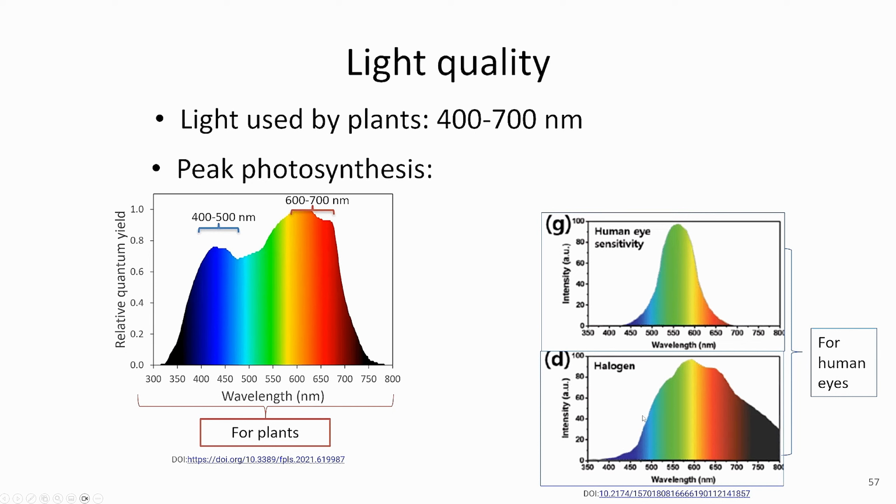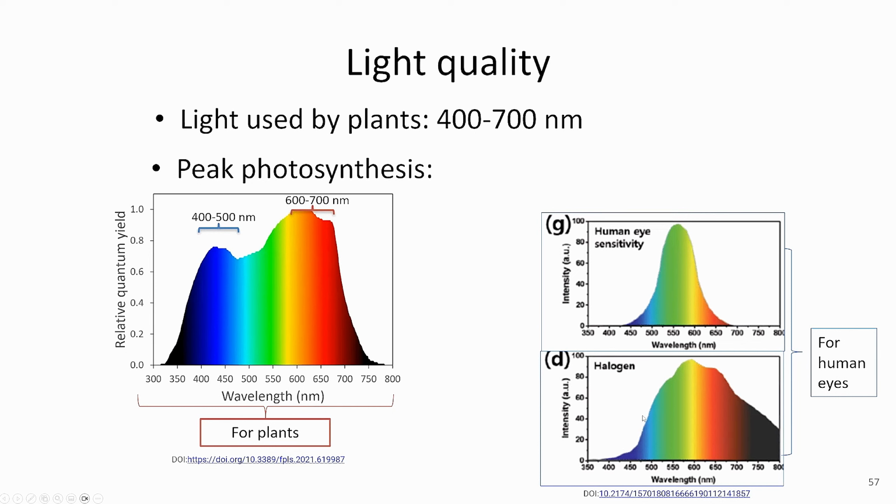This is an example of a light spectrum from a grow light that's used to grow plants. And notice that this lamp outputs in the blues and it also outputs in the reds, right? So this is a good light for growing plants, not the one down here.